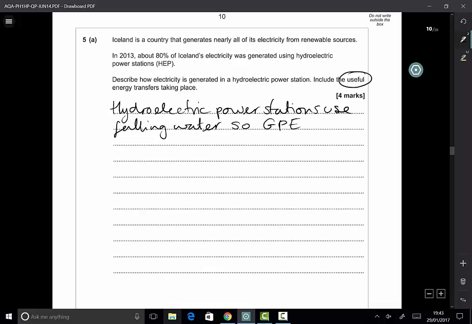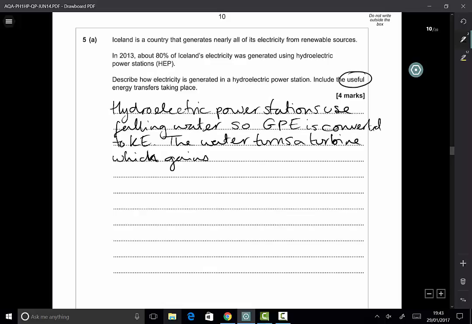And we can use the shortened form. Okay. The water turns a turbine. So that's going to gain KE.